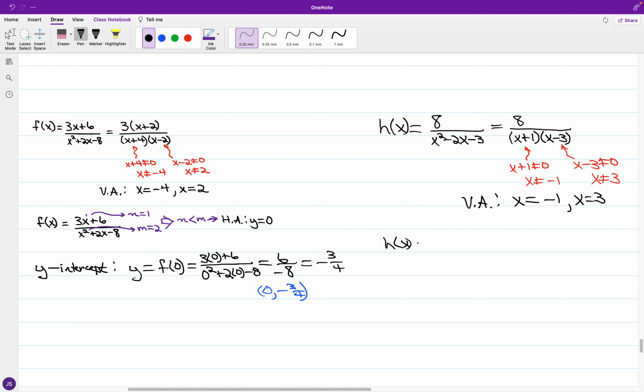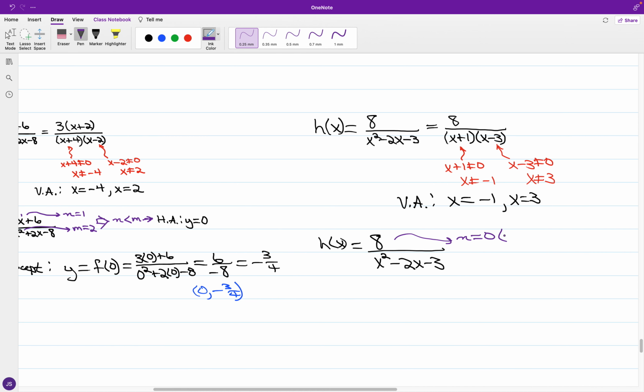And we'll go ahead and look into the horizontal asymptote. For what we have in the numerator, there's no x term, so n is equal to 0. In the denominator, m is equal to 2.